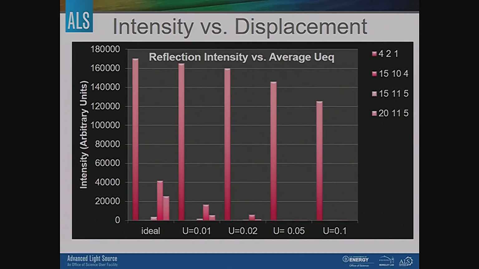This was a calculation I did a couple years back looking at reflections from an ideal structure without involving U values. And then I added an increasing U parameter. So this would be an excellent structure. Excellent. If you're getting U parameters that are all less than 0.01, either it's amazing or you have a weird absorption correction issue, because that's almost to the point where it's too small.